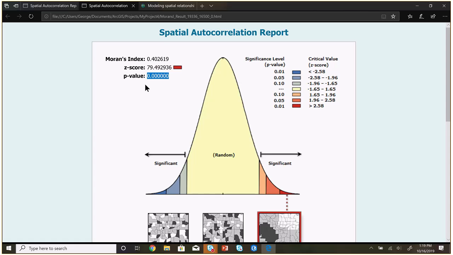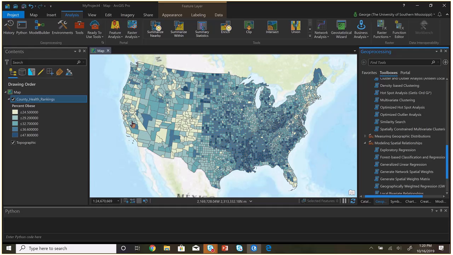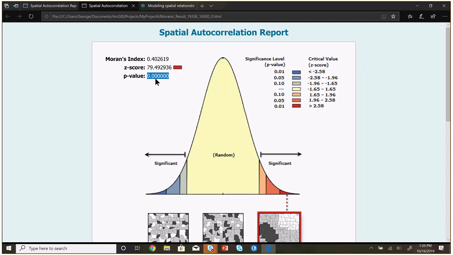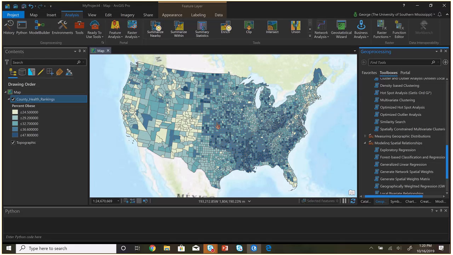There's always a chance, but it's not really happening that often in real life. In our case, the probability of this spatial pattern as a result of a random process is 0.00000. It's like non-existent, right?